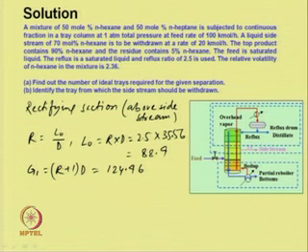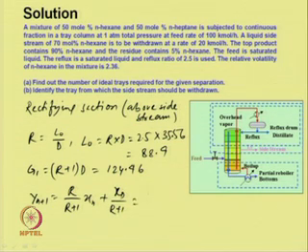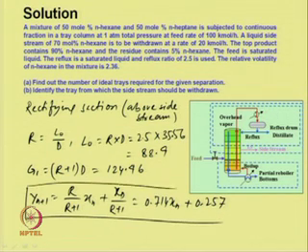Now, the equation of the operating line: y n plus 1 would be R by R plus 1 x n plus xD by R plus 1, which is equal to 0.714 x n plus 0.257. So, this is the equation of the operating line in the rectifying section.